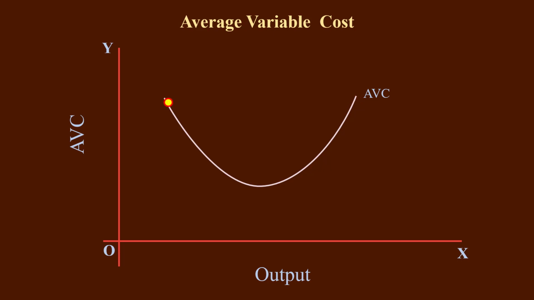In the falling part of the average variable cost curve, law of increasing returns to a factor operates. At the minimum point of average variable cost curve, law of constant returns to a factor operates. In the rising part of the average variable cost curve, law of decreasing returns to a factor operates.